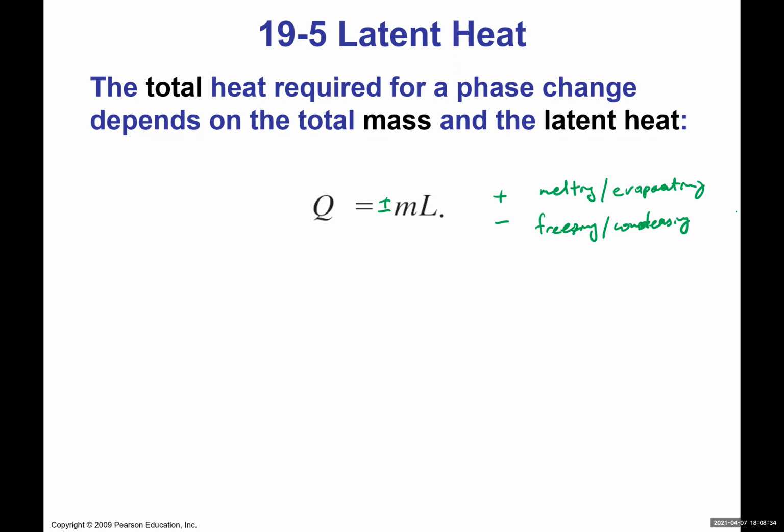That means you can say that plus is solid to a liquid and liquid to gas, where minus here is liquid to a solid or a gas to a liquid. So then you can have that.